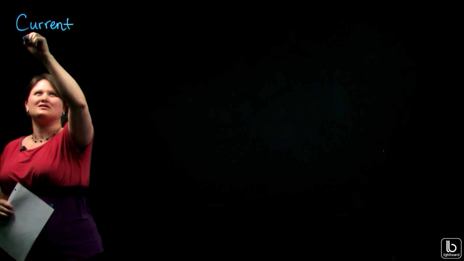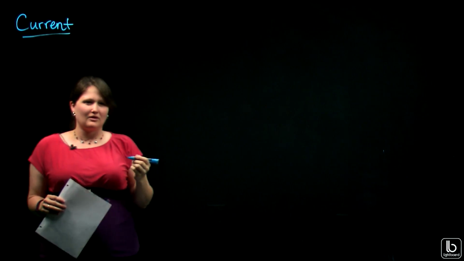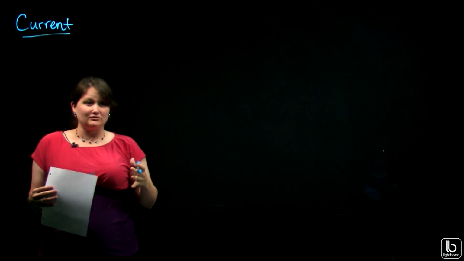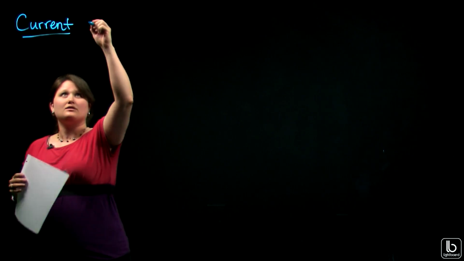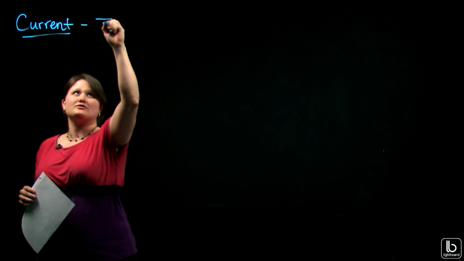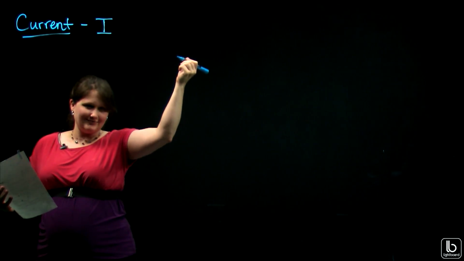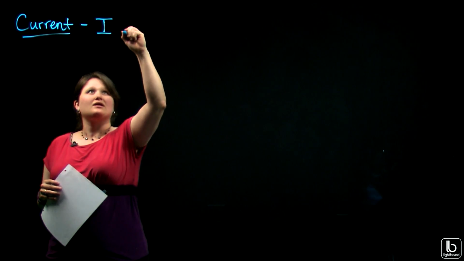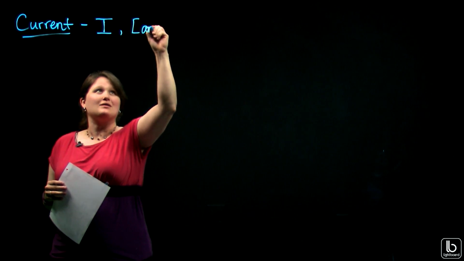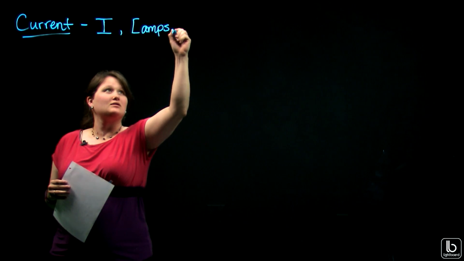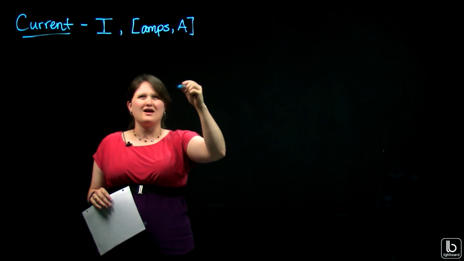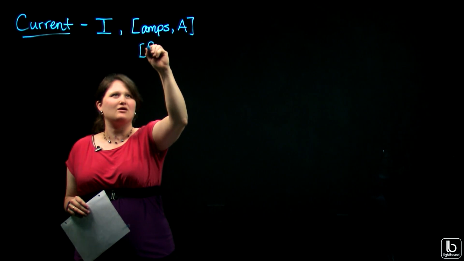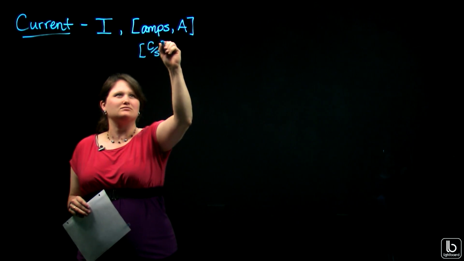So what is current? Well, as it turns out, current is simply a flow of charge. We ran out of letters, so we represent it with the letter I. It has units of amps, and an amp is equal to a coulomb per second.